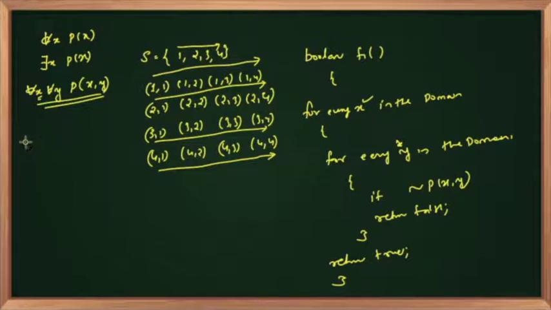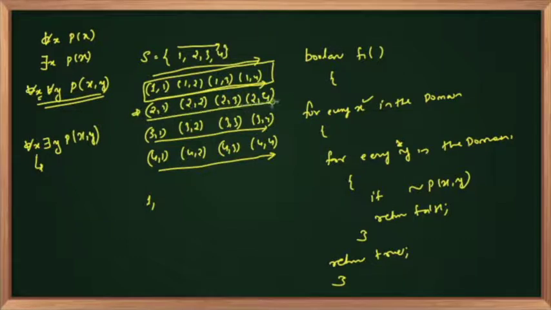So let's see for all x there exists a y, P of x comma y. What does it mean? It's again two for loops. You take an x, for example x equal to 1, then you loop through all the y, that means this first row. In this first row you should get at least one pair as true, and then you come to the next row, where again you need at least one pair true. Again in the third row, you have to get at least one from here.